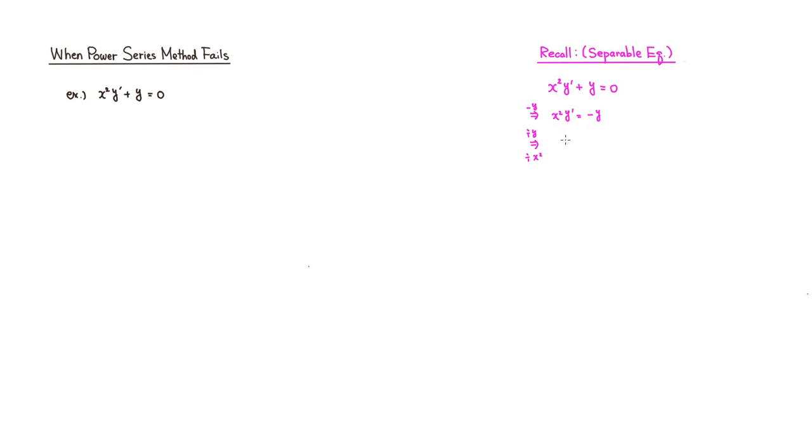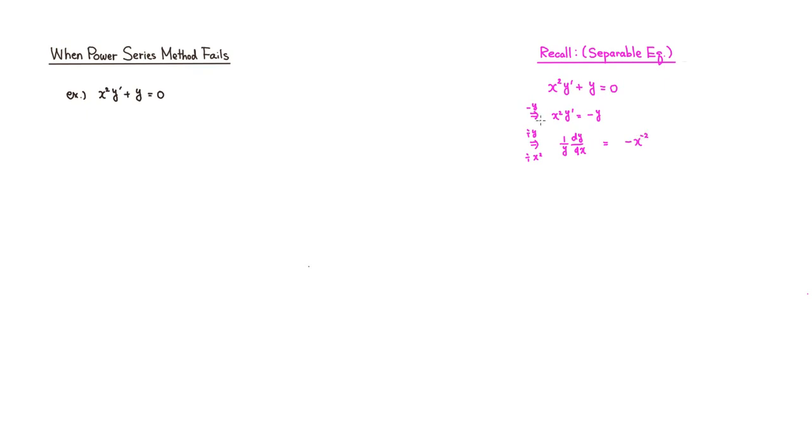We get 1 over y times y prime, which I'll write as dy over dx, equal to negative 1 over x squared, which I'll write as negative x to the negative 2.